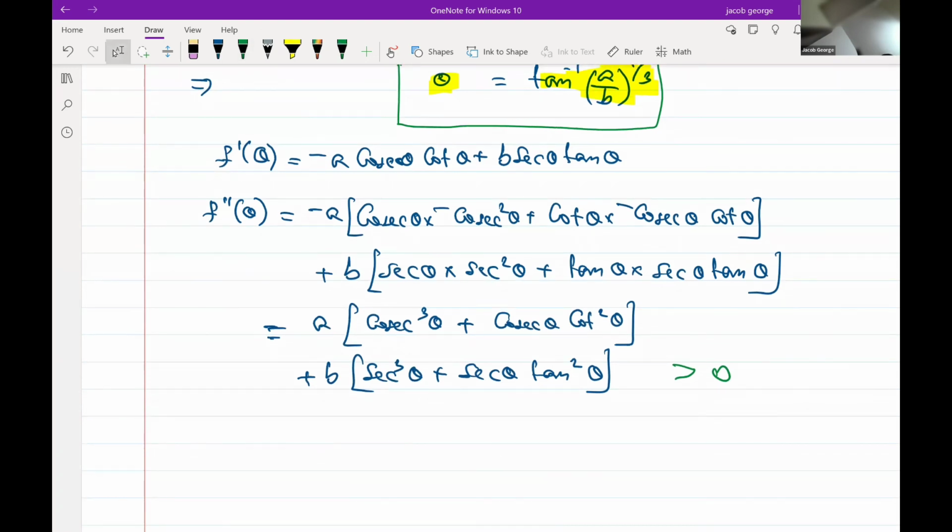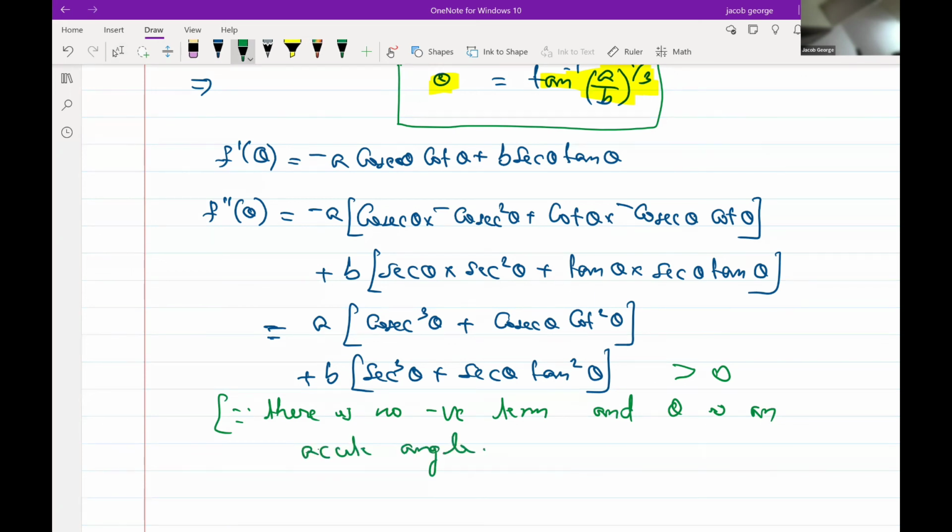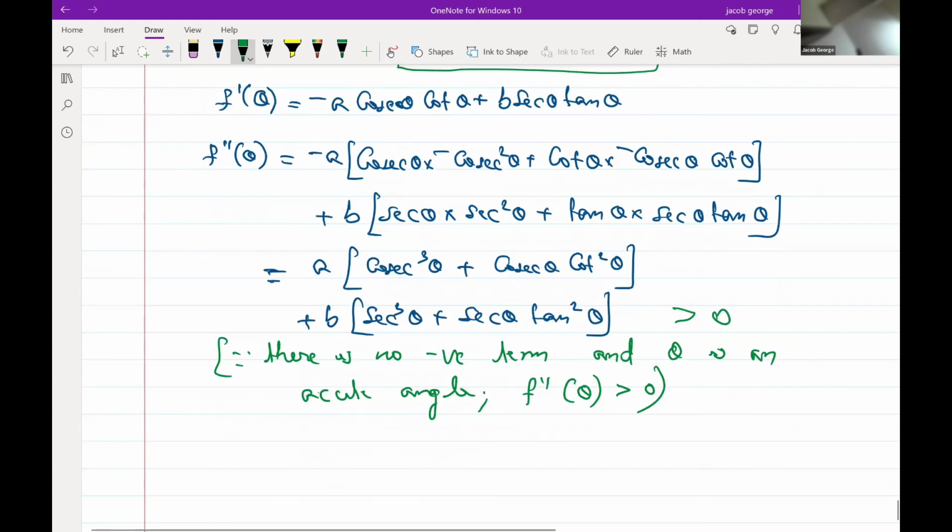Since there is no negative term and theta is an acute angle, f double dash theta is greater than 0.